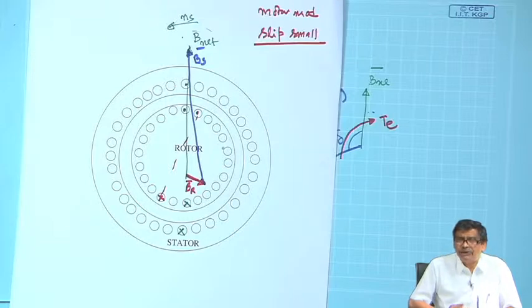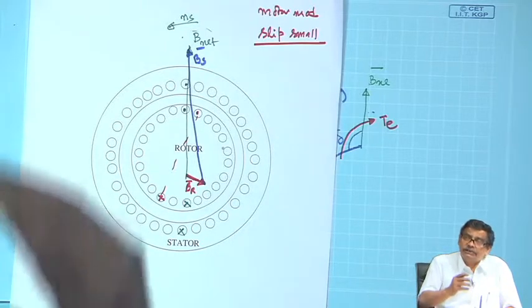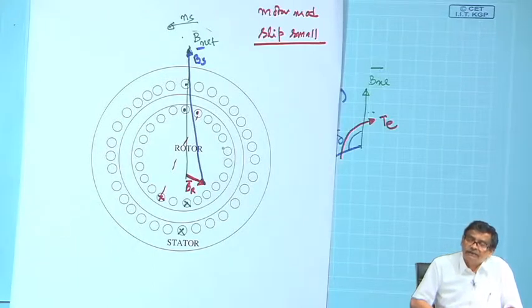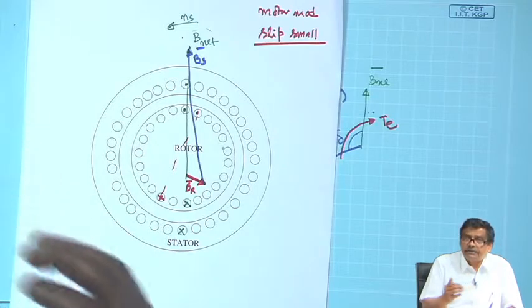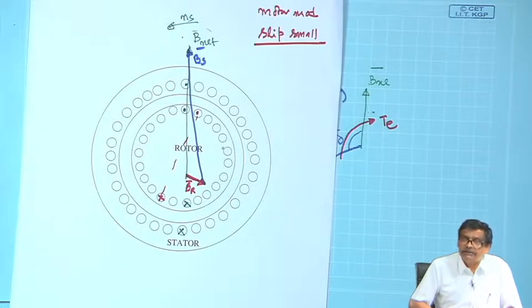Why? Because if you want to live with Bs and Br for analyzing the machine, nothing wrong in that, but then every time to calculate the induced voltage in the stator coil, you have to calculate it separately for Bs, separately for Br depending upon their relative velocities, and then finally come up with that. So, it is better that instead of individually calculating, you get the resultant field, net field.